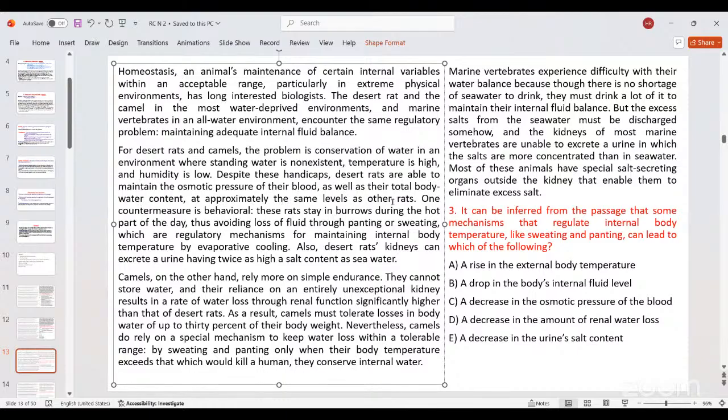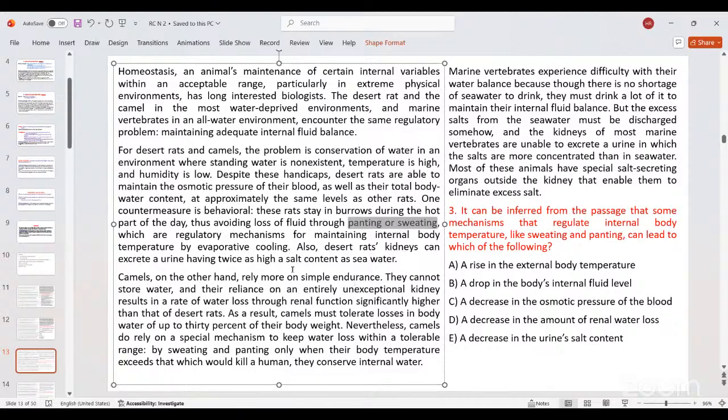Third passage, fifth to sixth line. Now, is it panting or sweating? Because it is sweating and panting, it is panting and sweating. In some cases it's okay.